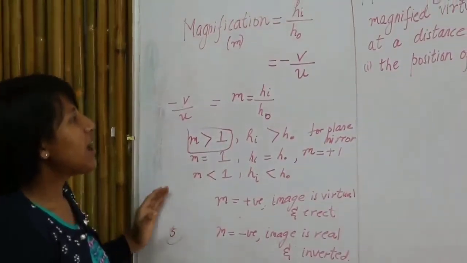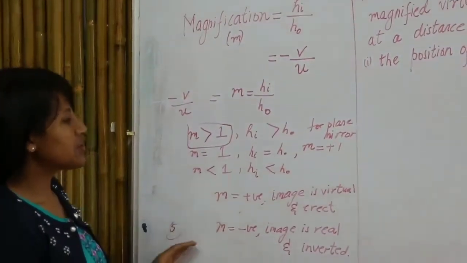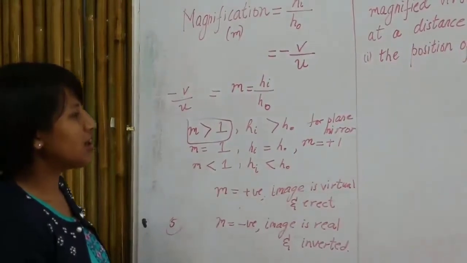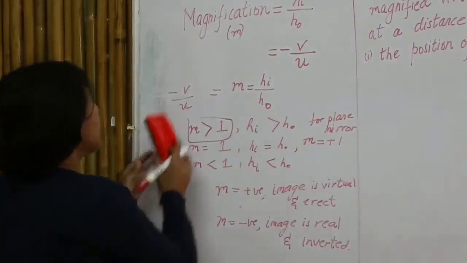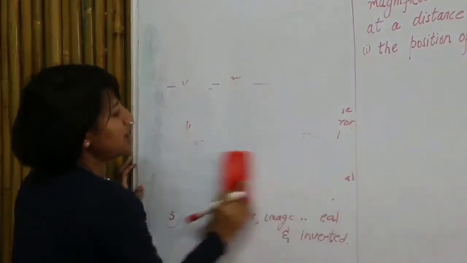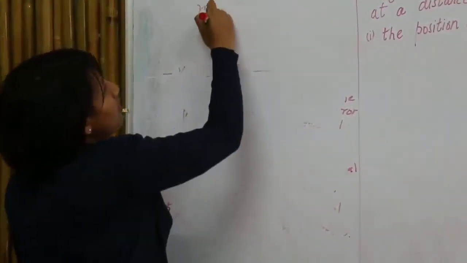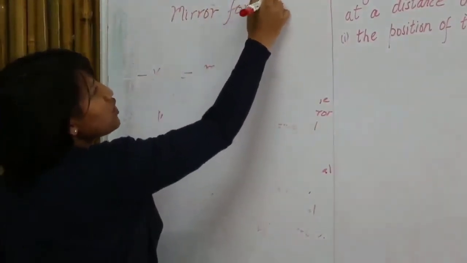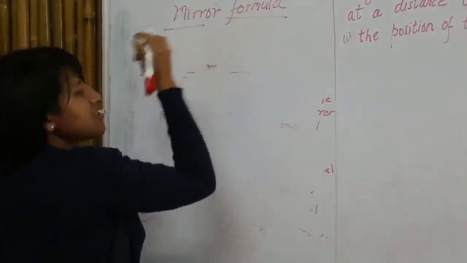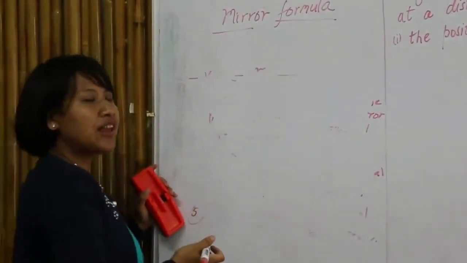After this, there is a very important formula called the mirror formula, which states the relation between the object distance, the image distance, and the focal length of the mirror.